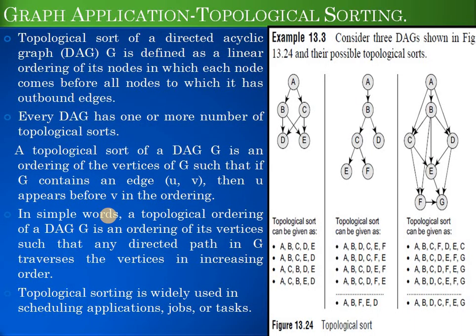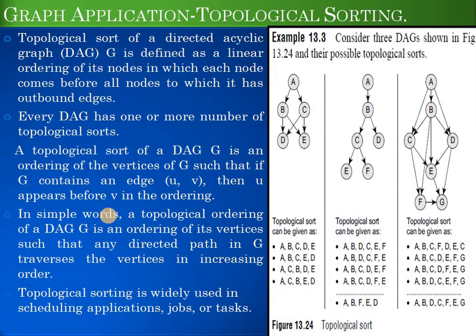Now consider the graph application, that is topological sorting. The topological sort of a directed acyclic graph, that is a DAG, of graph G is defined as a linear ordering of its nodes, in which each node comes before all the nodes to which it has outbound edges. Every DAG has one or more topological sorts.